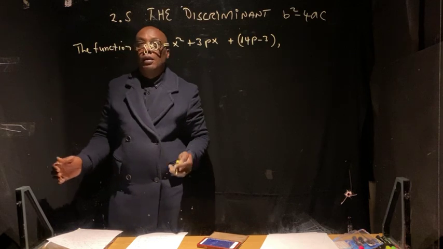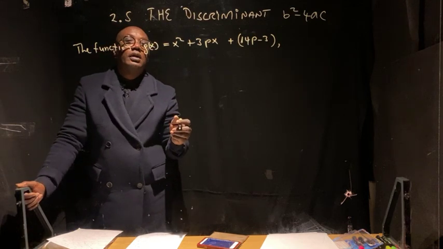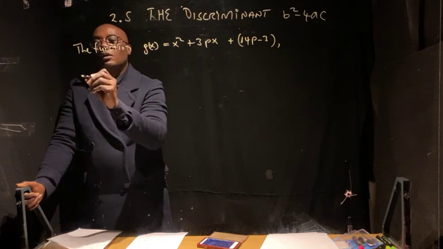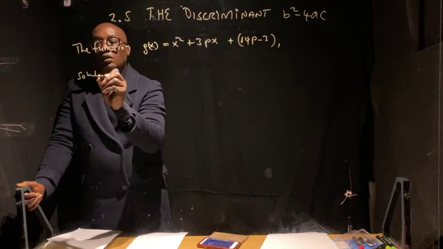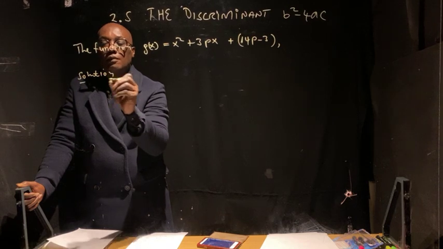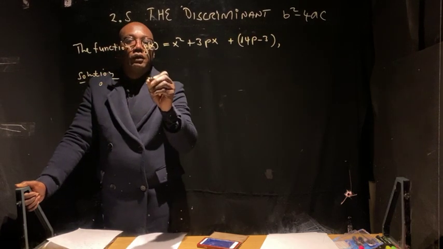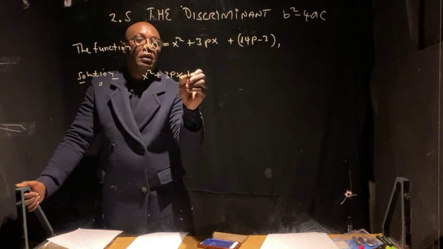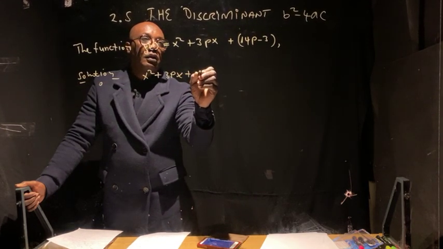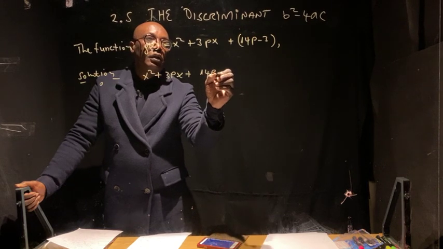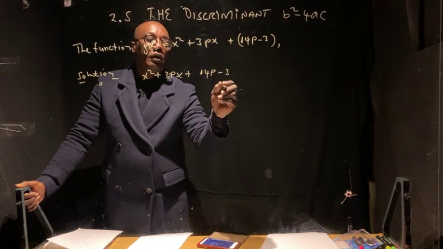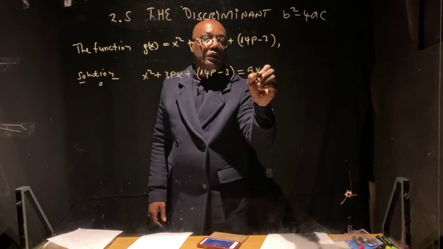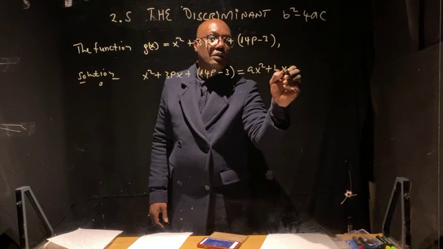Okay, this is the given quadratic equation. We are told that it should have 2 equal roots. This given quadratic equation, x squared plus 3px plus 14p minus 3, should be identical to the general quadratic equation ax squared plus bx plus c.